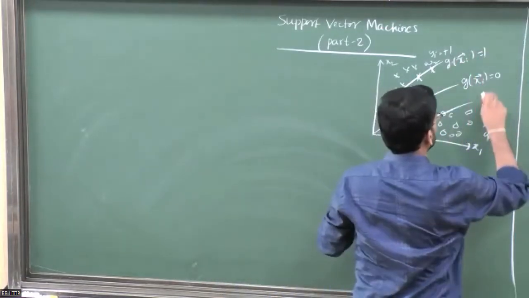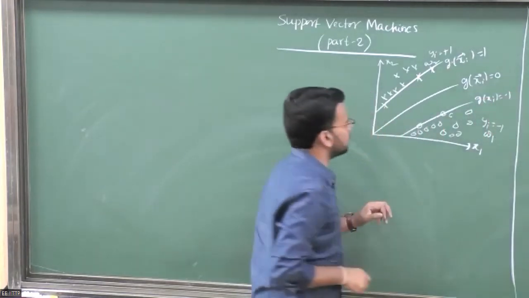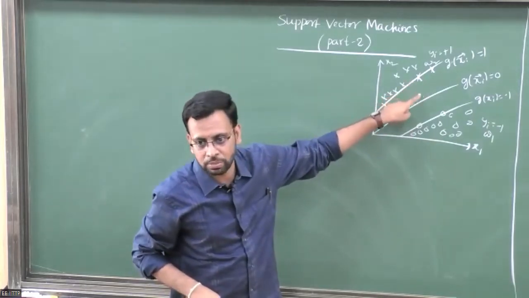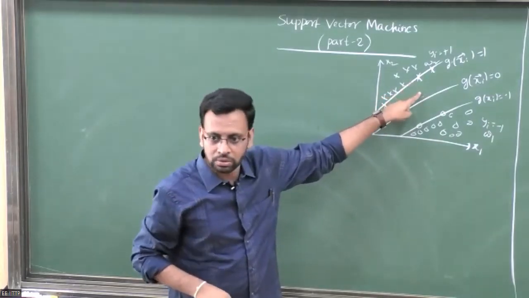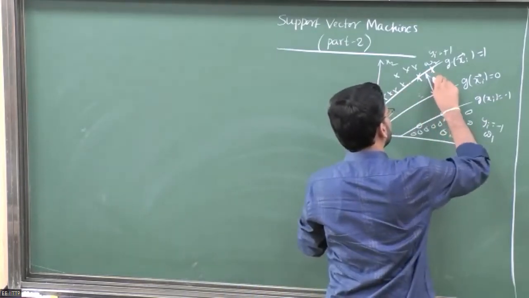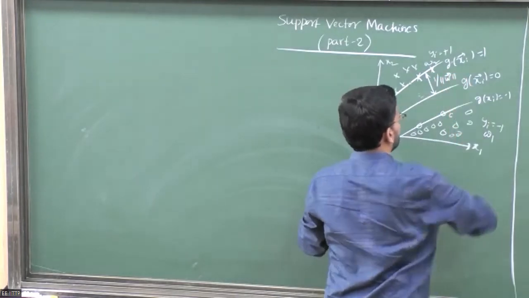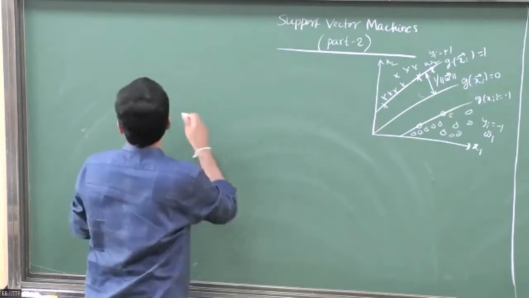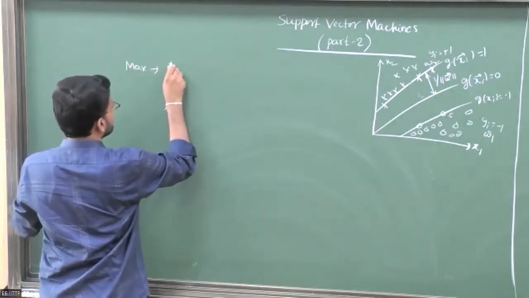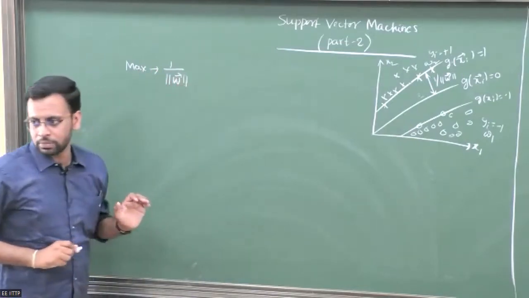Correct. And what about this? Very good. And in that scenario, what was the distance here once we made that to this line? Very good. So this distance is equivalent to 1 over norm of W bar. So the problem essentially boils down to maximizing 1 over norm of W bar, correct?